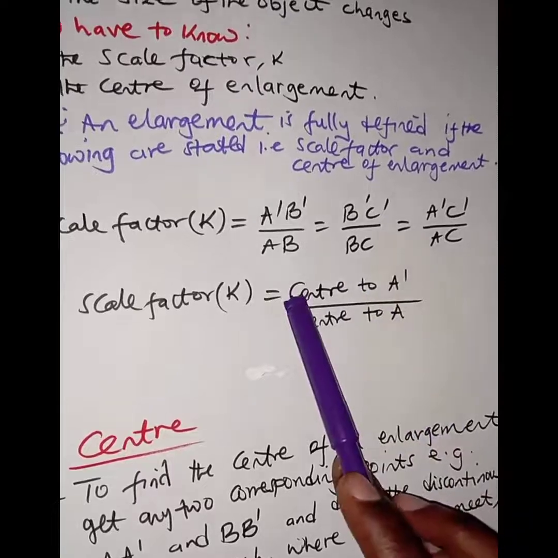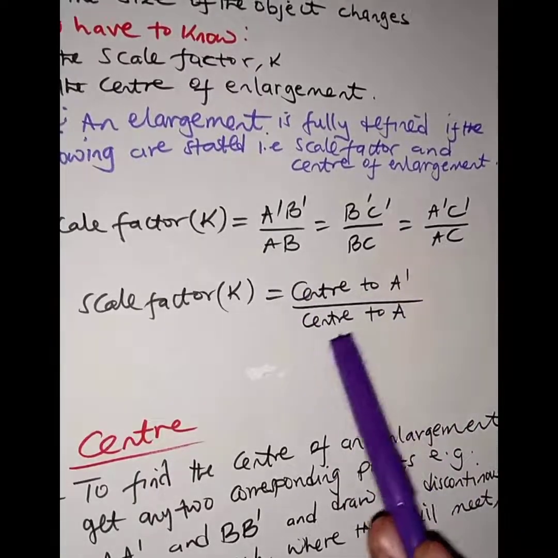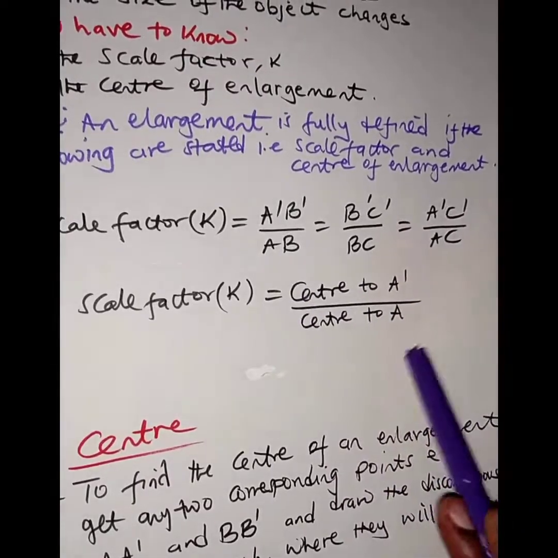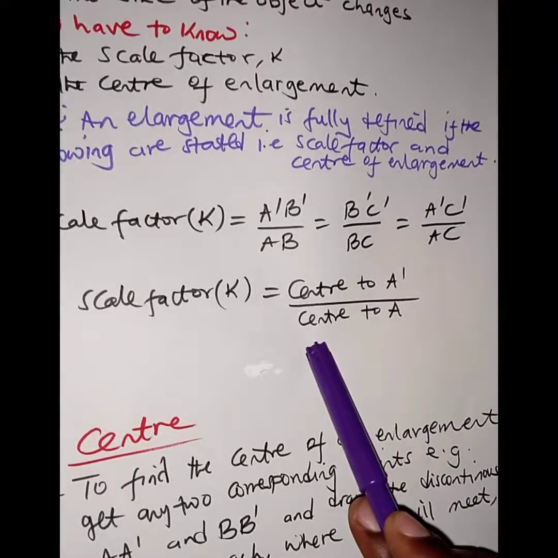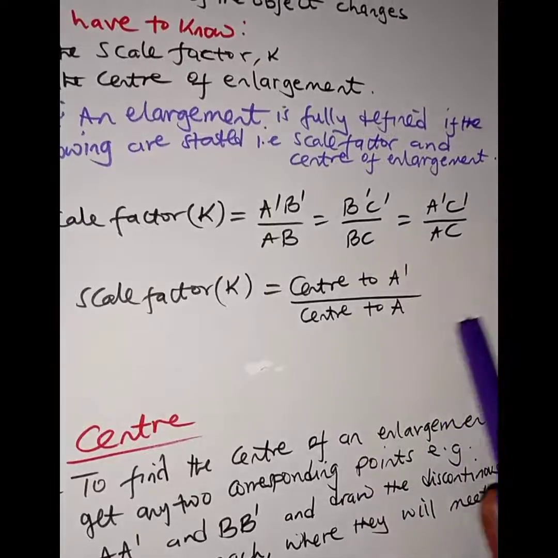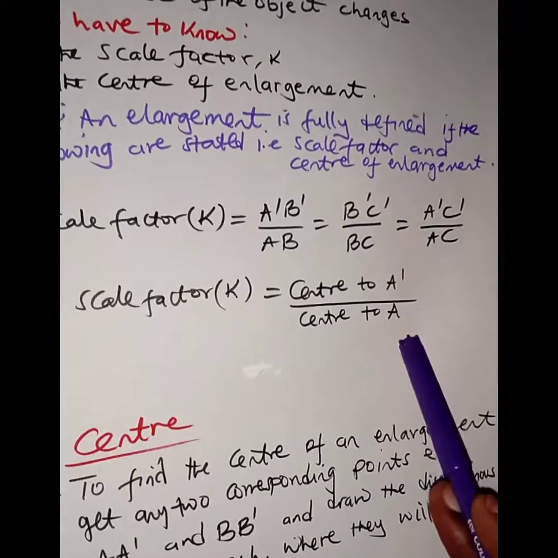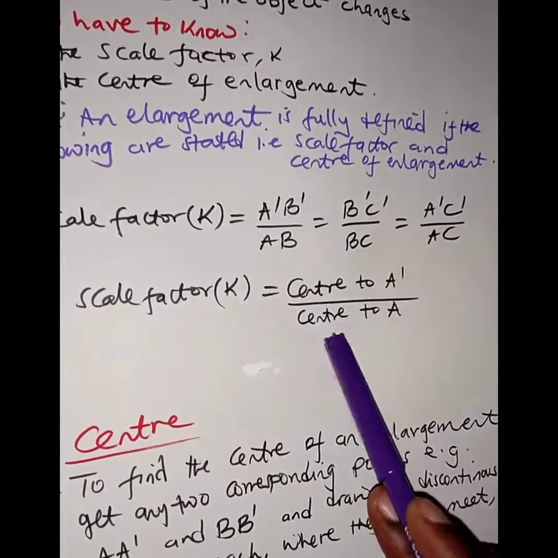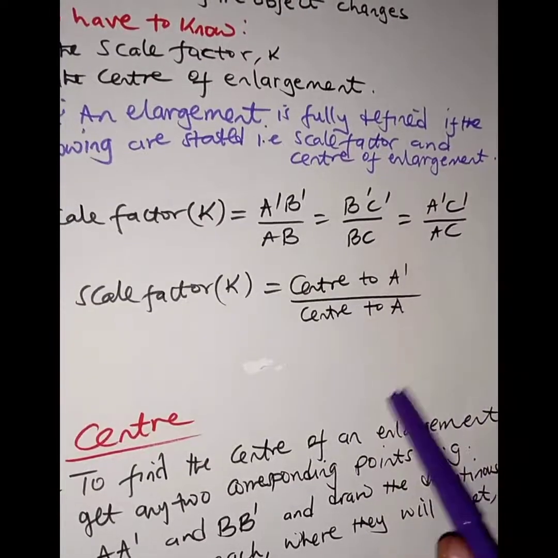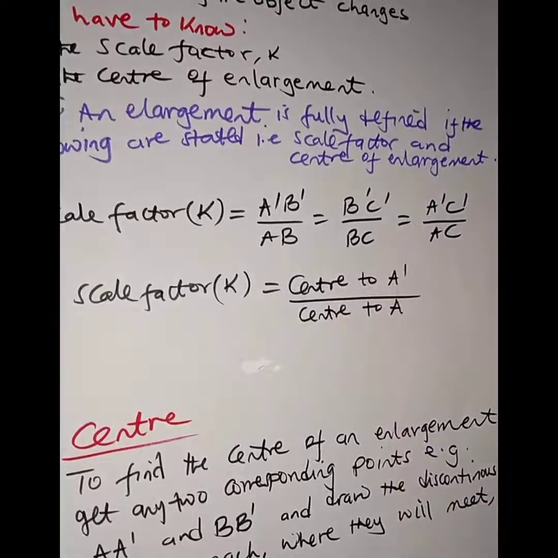It could be from the center to B image, over the center to the B object, or center to C image over center to C object. You divide, and still you will be able to find the scale factor.